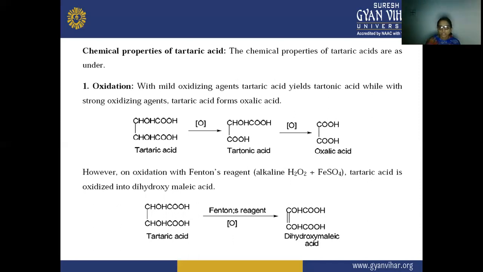However, on oxidation with Fenton's reagent, which is alkaline H2O2 plus FeSO4, tartaric acid is oxidized into dihydroxy maleic acid. So when tartaric acid is reacted with Fenton's reagent, there is a formation of dihydroxy maleic acid.